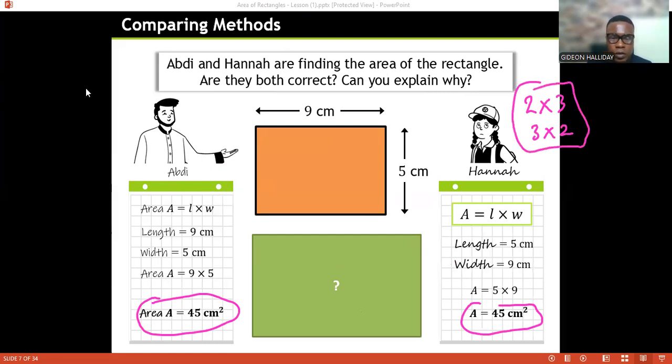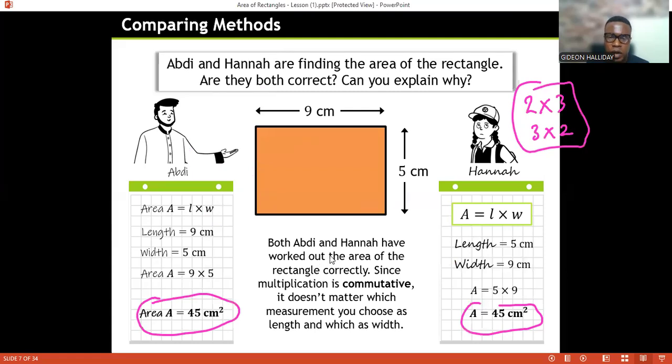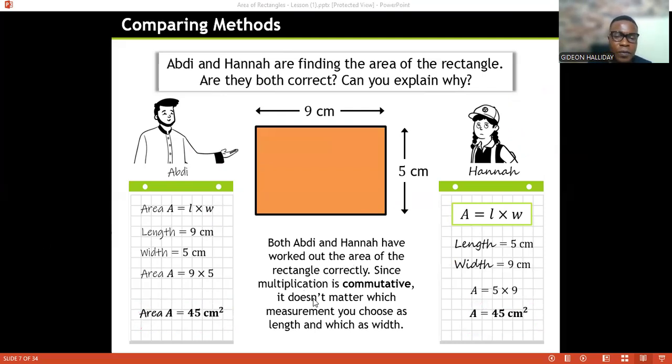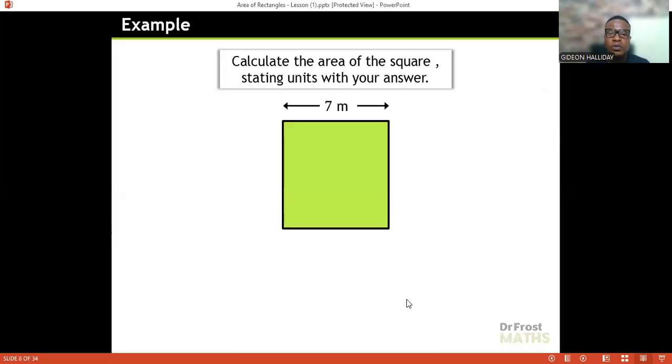So I think they're both correct. Both Abdai and Hannah have worked out the area of the rectangle correctly. Since multiplication is commutative, it doesn't matter which measurement you choose as length and which you choose as width. So you always arrive at the same answer. Right. Good job.